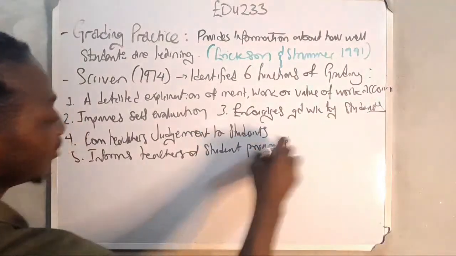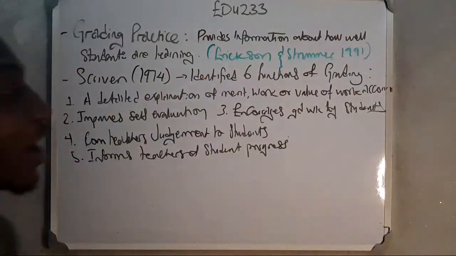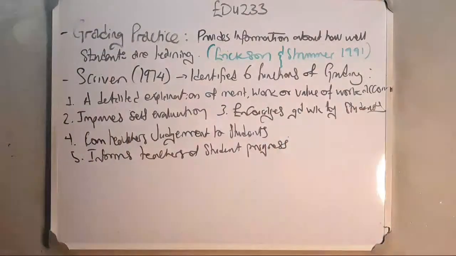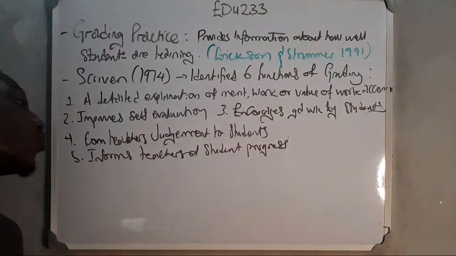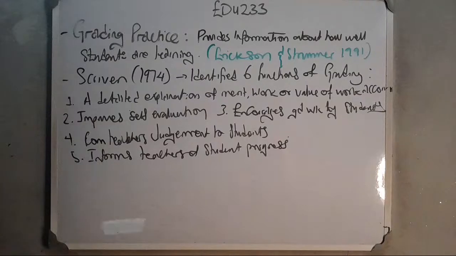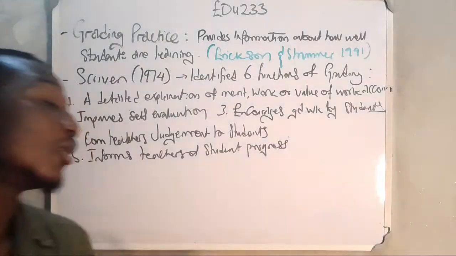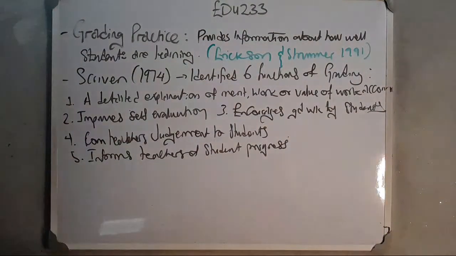This helps the teacher to know what subjects the students are doing well at, and which subjects they are not doing well at, so he or she can know how to re-strategize and ensure they learn. So we have a sixth one, which is to select people for reward.